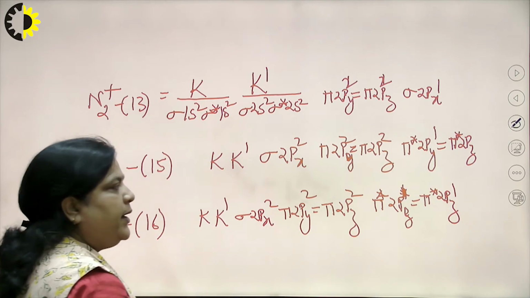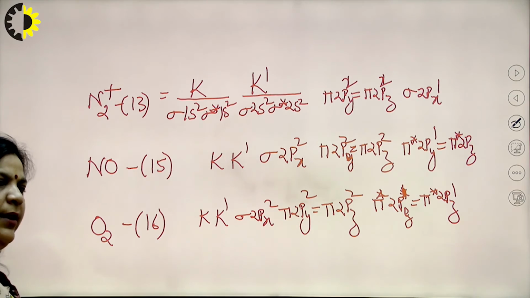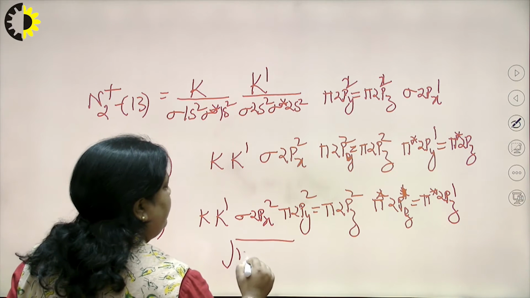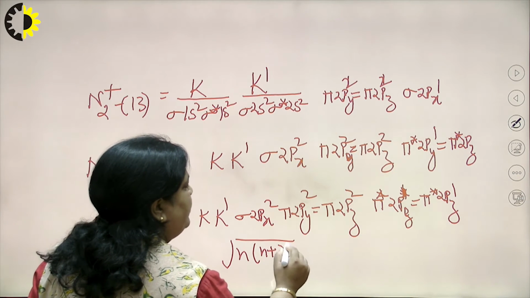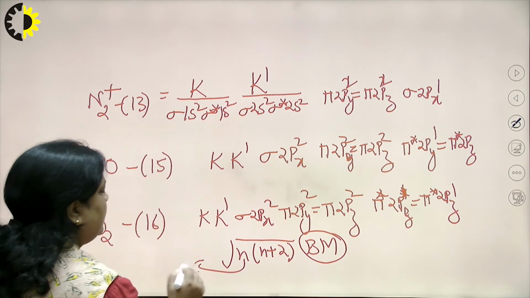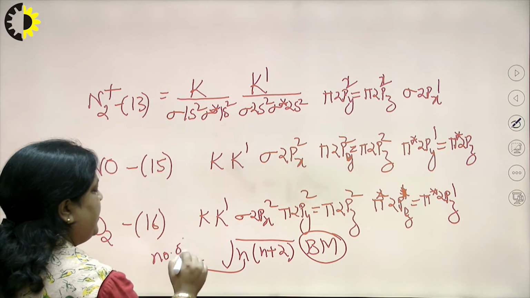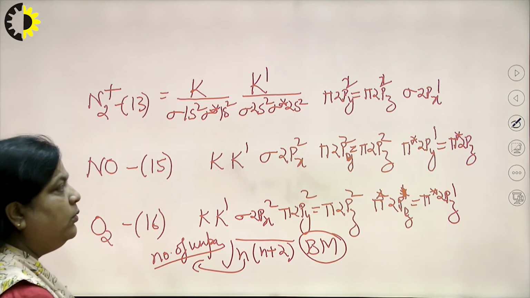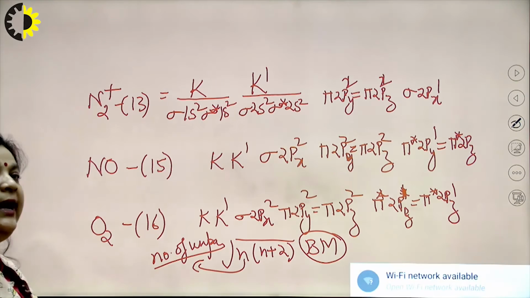So, there are 2 unpaired electrons. So, it is paramagnetic, and suppose we want to calculate the magnetic moment, we can say the magnetic moment will be under root n into n plus 2 Bohr magneton, and n is the number of unpaired electrons. So, in the case of O2, n will be 2, while in the case of NO, n will be 1.